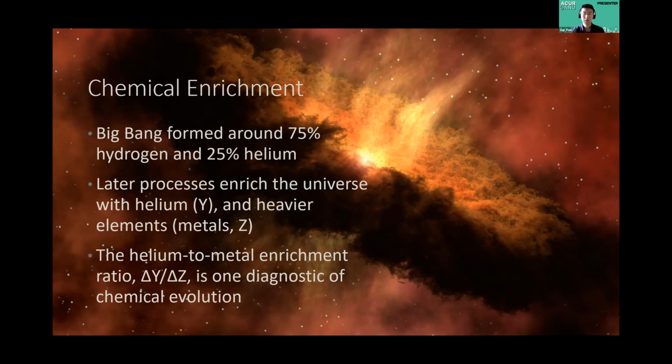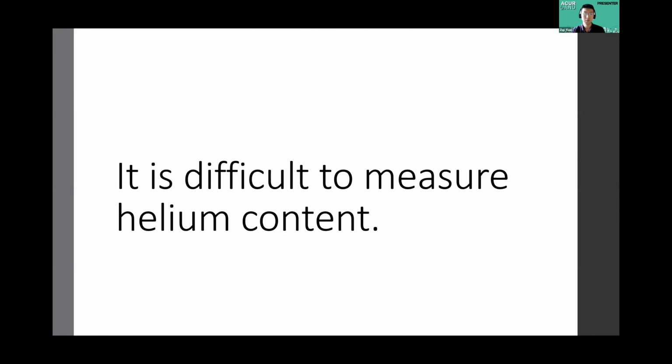And so to measure this, we'd like to look at the composition of the universe or our galaxy sometime far in the past. And we can look at this through stars, which are generally rather long-lived, and we can make measurements of their chemical compositions. The problem is, though, while we can measure metal content for stars relatively easily, we can't do it for helium.